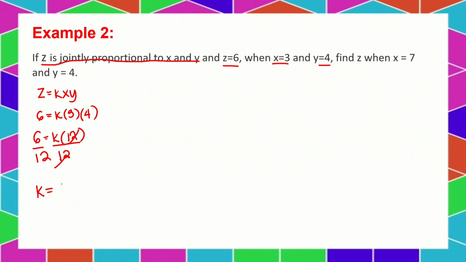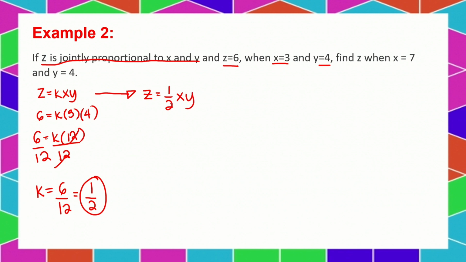So k is equal now to 6 all over 12. Lowest term of 6 all over 12 is 1/2. Then we substitute the value of k to find the equation of variation, which is k equal to 1/2. So that's now z is equal to 1/2 x, y.